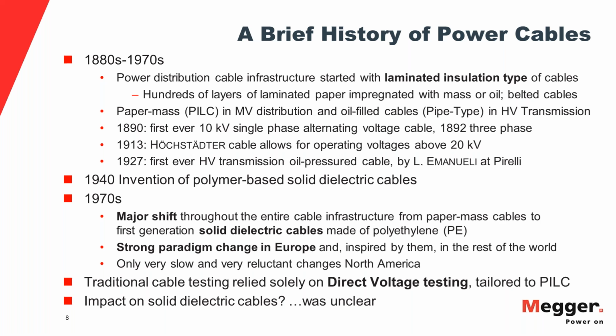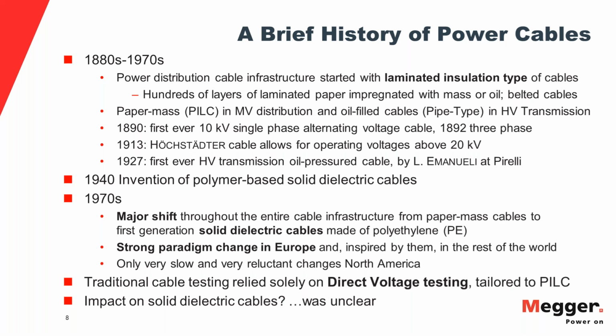He put a metal foil, a perforated metal foil, around each of the cores and turned the belted construction into a screened construction, and that was the big breakthrough which started the progression in voltage class. And the H cable was a paper mass cable that could exceed 20 kV. It got into problems around 60 kV.